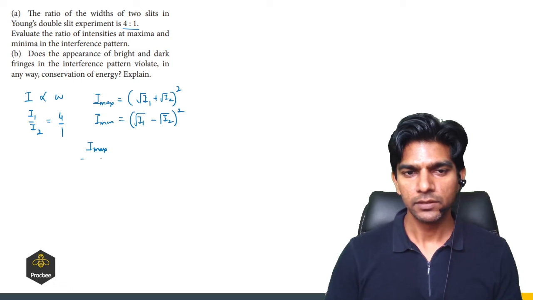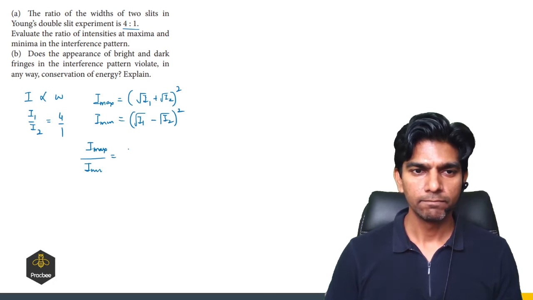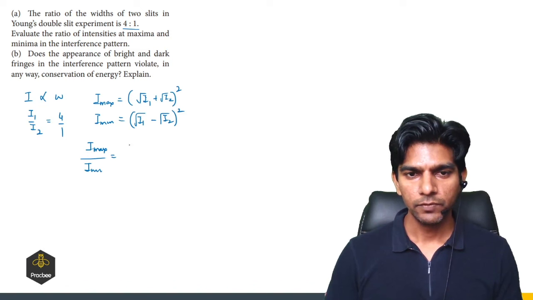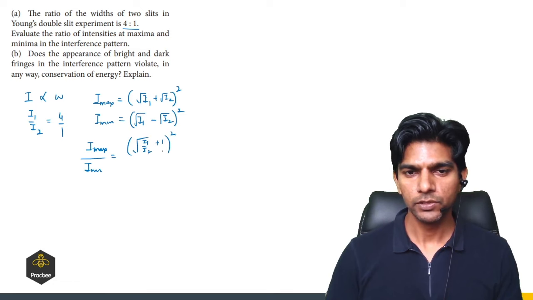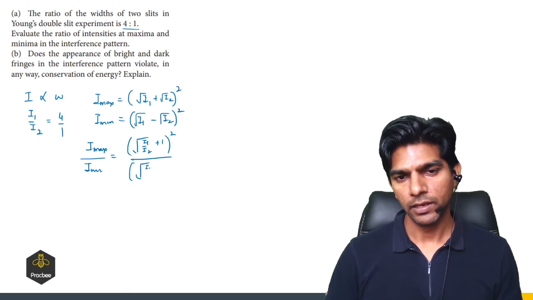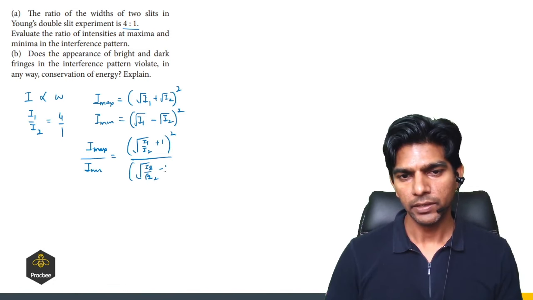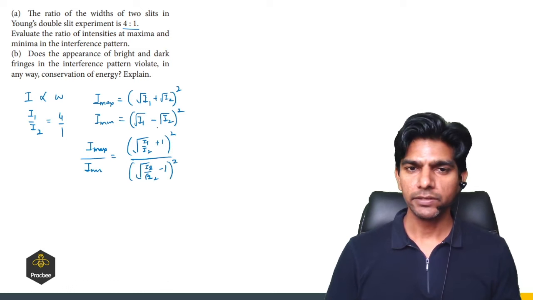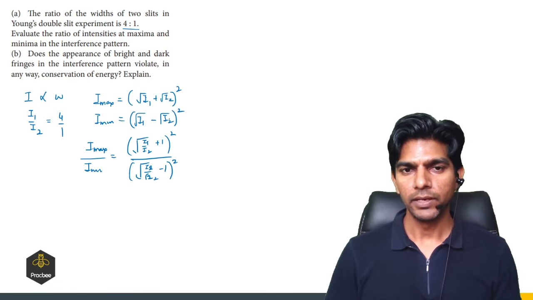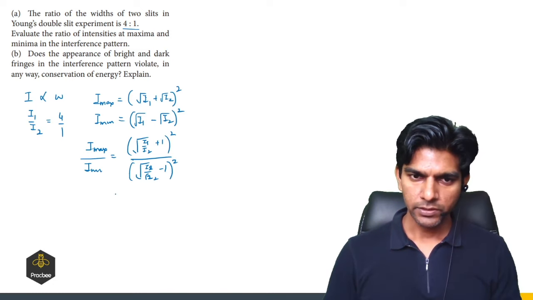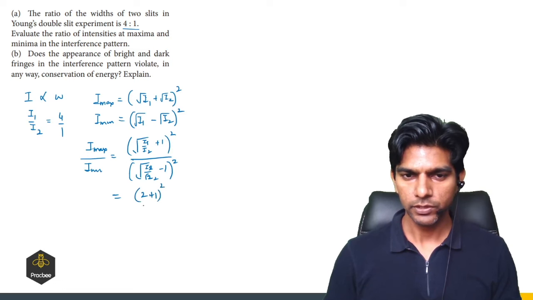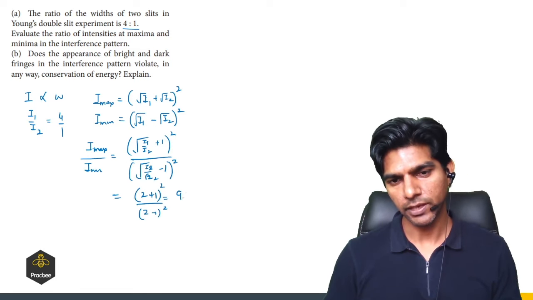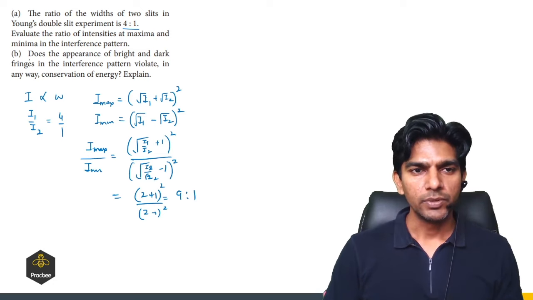So I max upon I min will be, we can write this as root I1 by I2 plus 1, square, upon root I1 by I2 minus 1, square. What I have done is divide numerator and denominator by I2. So this will give us, I1 by I2 is 4, so it will be 2 plus 1 square upon 2 minus 1 square, which is nothing but 9:1. Now let us see the B part. So this is the A part.